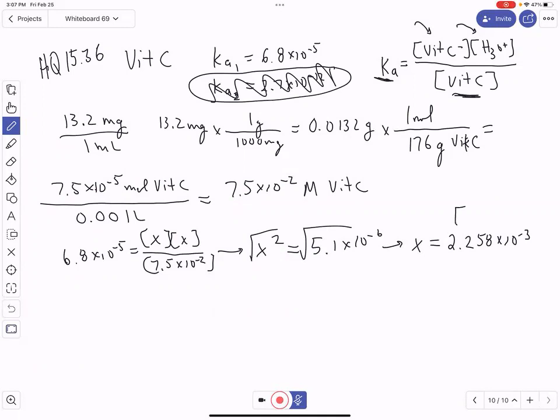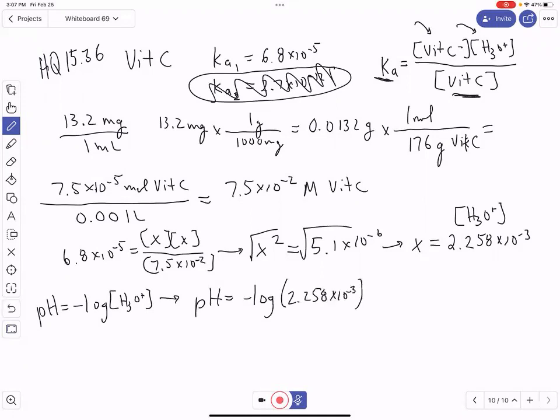What is X, right? X is my hydronium concentration. So last thing, to find pH. pH equals the negative log of hydronium. So pH equals the negative log of 2.258 times 10 to the minus 3.